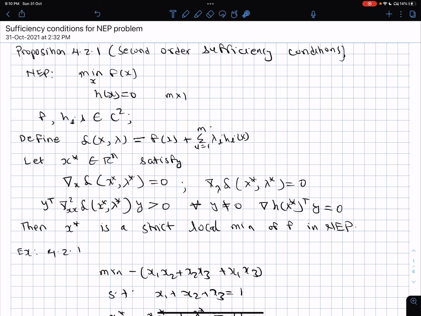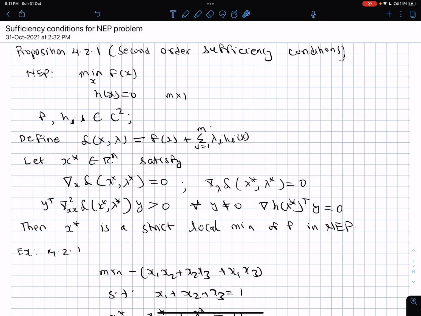Here we say let x star be a point which satisfies the following set of conditions. If it satisfies them, then it means it is a strict local minimum. A strict local minimum means positive curvature everywhere in the feasible region that is being considered.